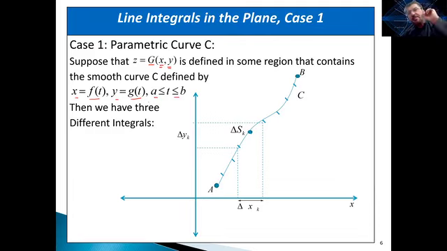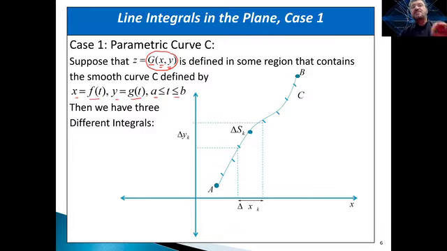You will be able to determine the values of a and b after you parameterize the curve. So the first method to integrate a function of two variables, g of x y, over a curve is to parameterize the curve.